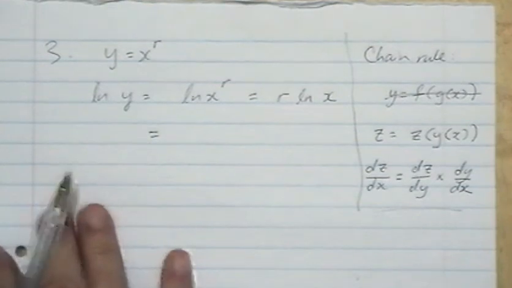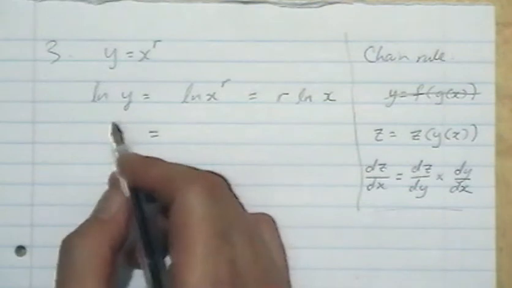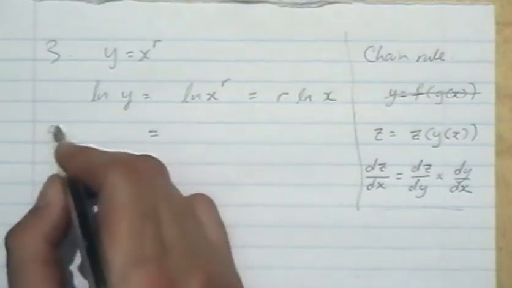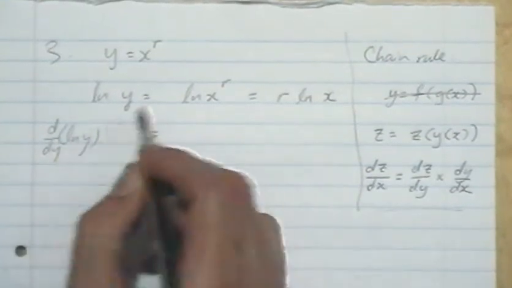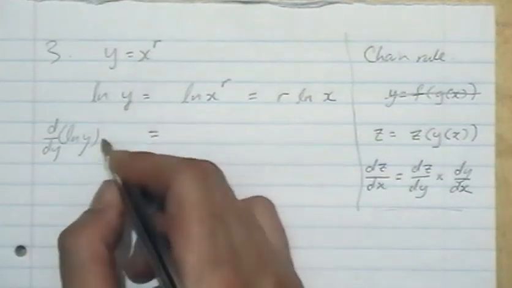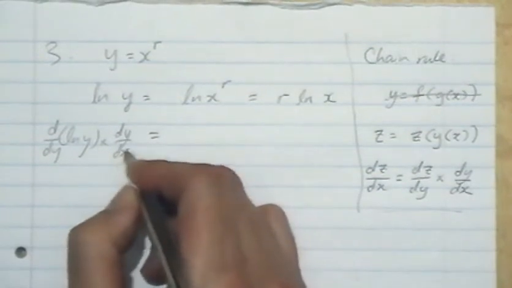And to apply it here, I would have to differentiate log y. But I know that y is a function of x. So then I must multiply this by differentiating y by x.